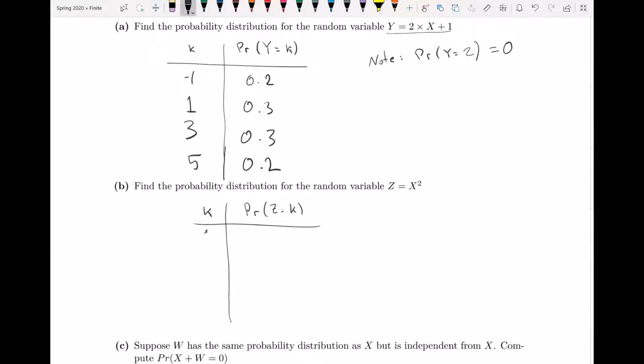We square that and we get 1, and that had probability 0.2. The next value was 0, which squares to 0, with probability 0.3. The next value was 1, which also squares to 1, with probability 0.3. And lastly 2, which goes to 4, with probability 0.2 again.